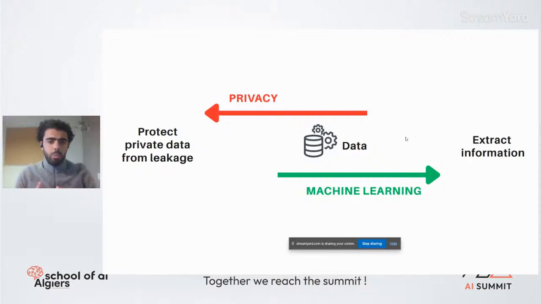How can we combine the two approaches of dealing with data in order to make a machine learning model that actually learns the model of the data and extracts the useful information while keeping the private information, the sensitive information, private? We will see how differential privacy enables us to build models that train well, that perform well, while keeping some privacy guarantee.